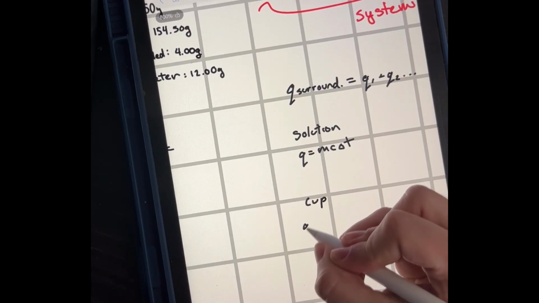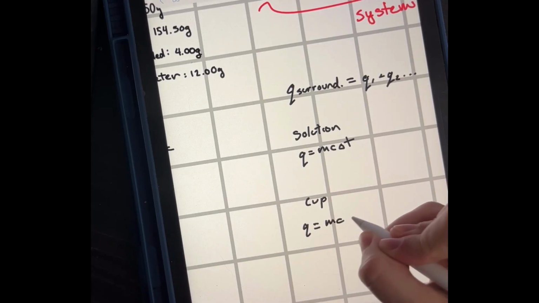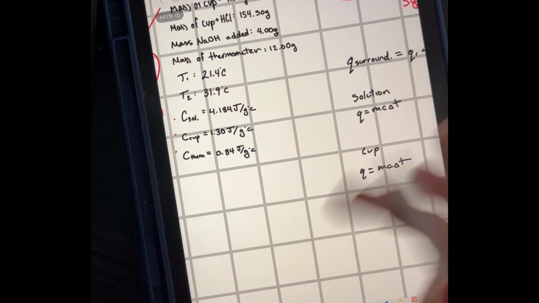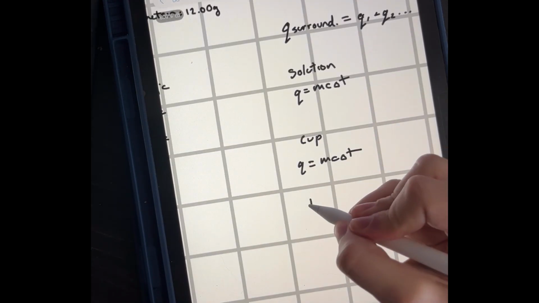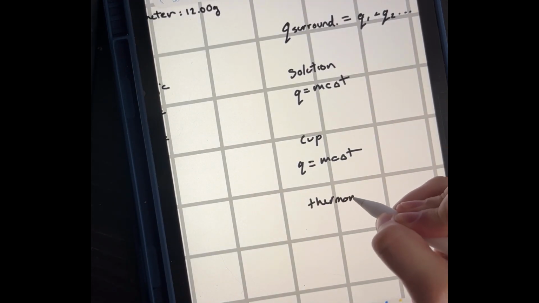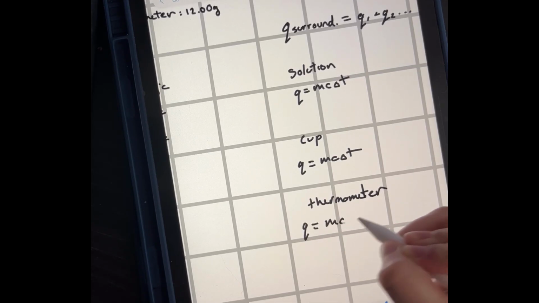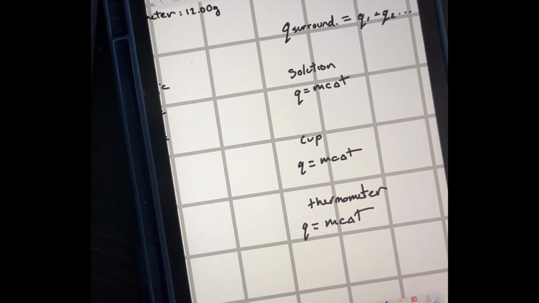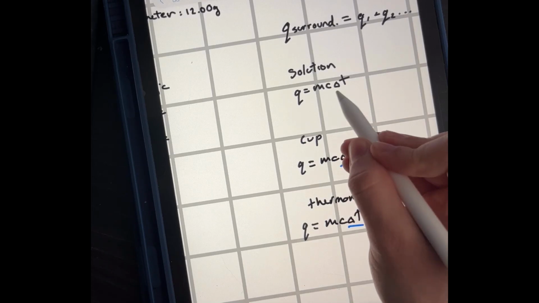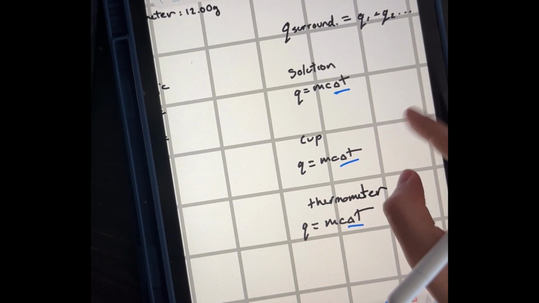Cup, again, it's going to be Q equals MC delta T. And then the last one is going to be the thermometer. And again, Q equals MC delta T. And one thing to note is that our T will be the same value because it's still all part of the same system.